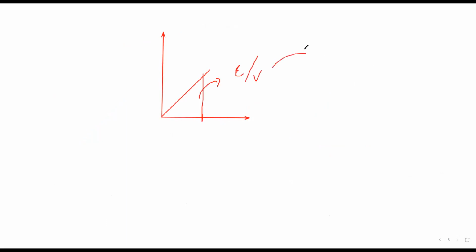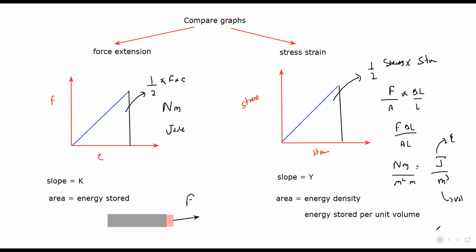Multiplying energy per unit volume by the total volume, we can work out how much energy is stored by the total object. So stress strain graphs are more useful compared to force extension graphs. But the shape of the graph will be identical for both of them.